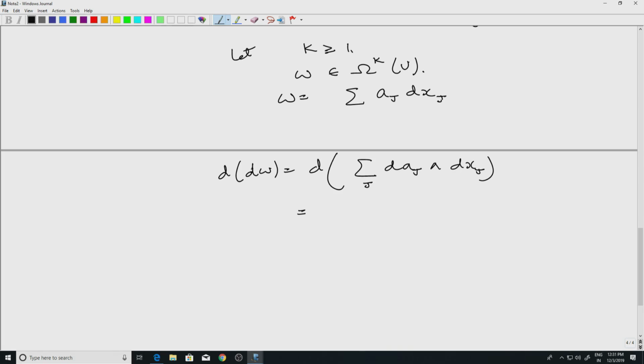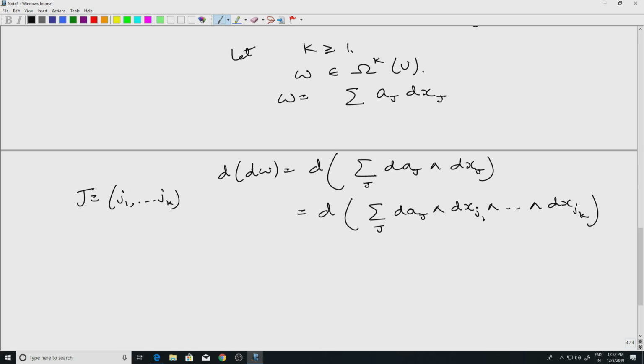So I plan to use this product rule, but for that let's recall that dx_j is just shorthand notation for dx_{j1} wedge ... wedge dx_{jk}. So here as usual j is the multi-index j1 through jk.